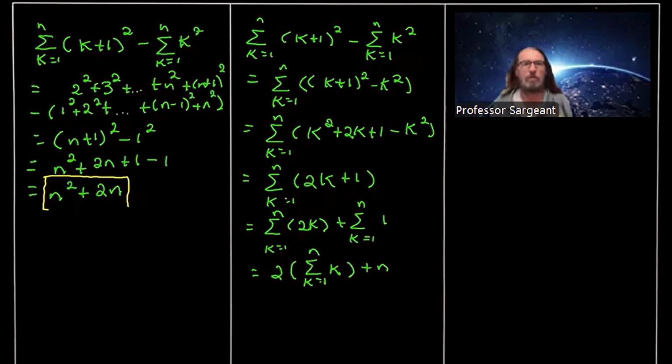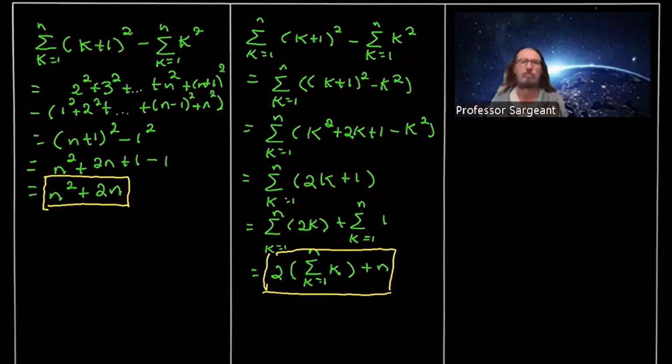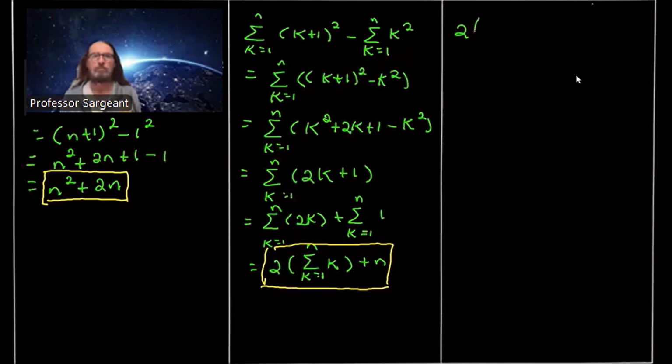And I'm circling what we had after simplification in each case. We're going to set those two things equal to each other. Once we've done that, we're going to immediately combine some like terms. Subtract n from both sides.